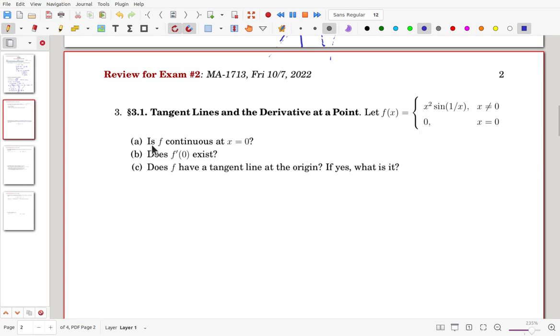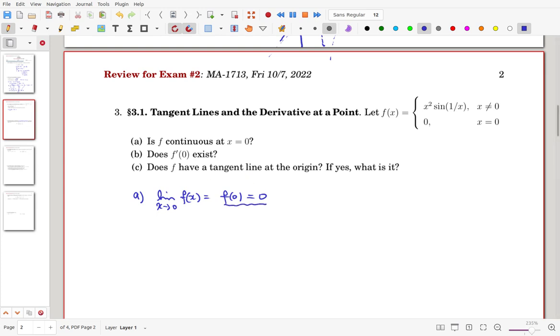First question: is f continuous at x equals 0? We have to use the definition. The limit as x approaches 0 of f of x must be the same as f at 0, and that is defined to be 0. So f of 0 is defined.